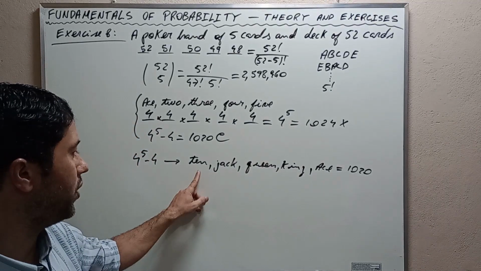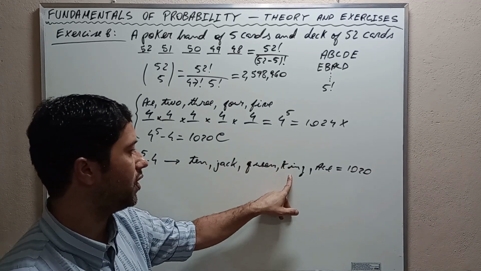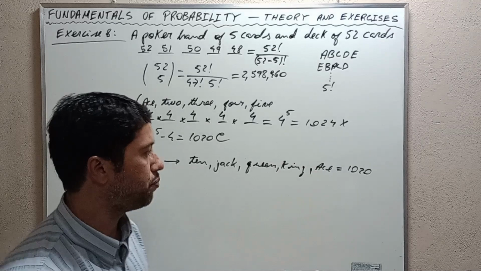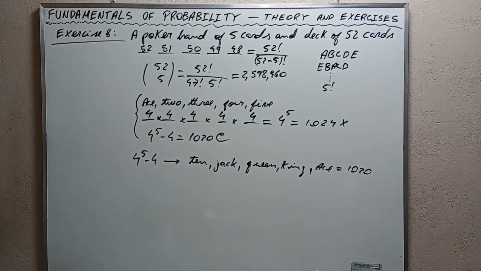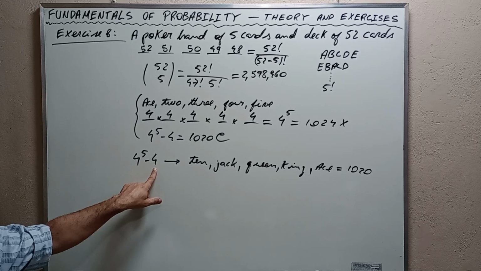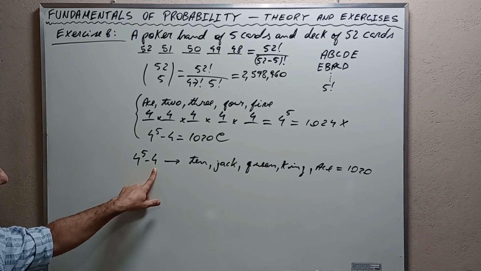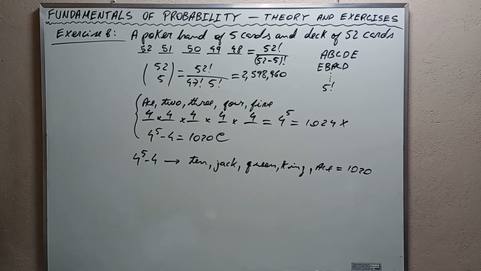For example, if we have a 10 of spades, a jack of spades, a queen of spades, a king of spades, and an ace of spades, we don't have a straight. Okay, it is not a straight, it is a straight flush. Then we have to remove these 4 hands that are straight flushes. Okay, 1 for each of the 4 suits.